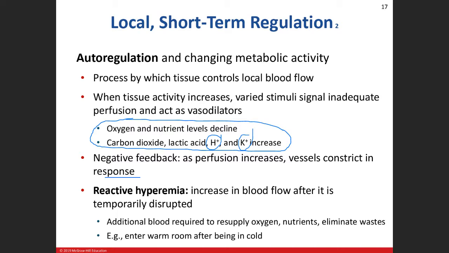If you ever, and I'm sure all of us have, experienced reactive hyperemia. The example here is walking into a warm room, especially like today, when it was a little bit chilly outside and coming in from outside. It used to happen to me all the time when I was living up north, because it was like -6 degrees around this time of year, and you would walk inside from shoveling the snow, and my face would be bright red.